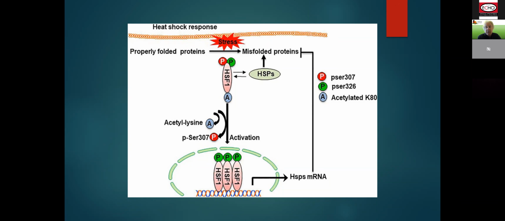So even if you are under stress, you can't really produce enough heat shock proteins to respond to that stress. And that's one of the reasons why as we age, the brain cells are less protected from damage. And so you can imagine things like COVID, which affects the brain, might not be such a good thing for older people to get.